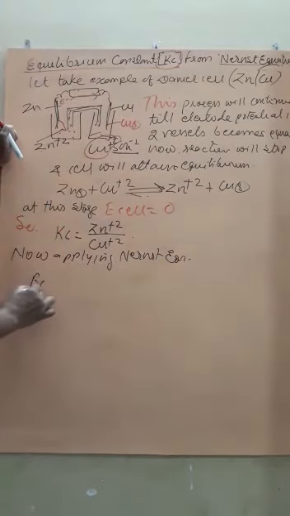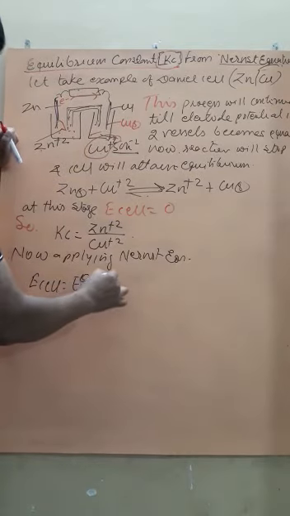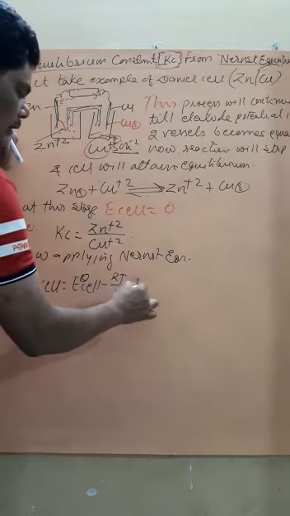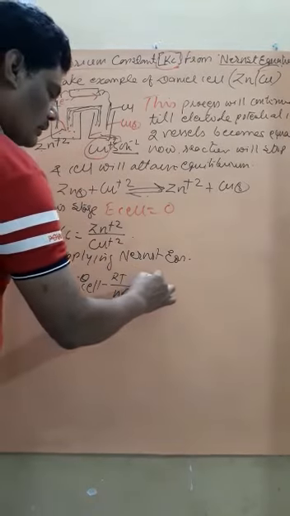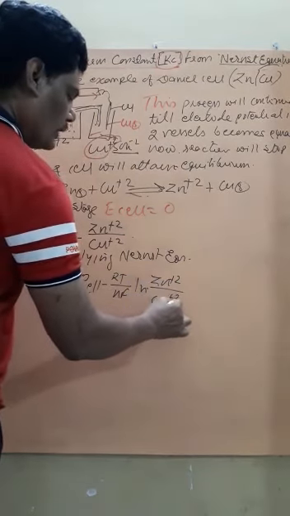E cell is equal to E standard cell minus RT upon nF log of Zn2+ cation upon Cu2+ cation.